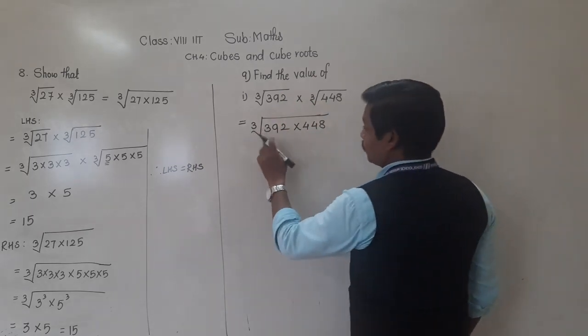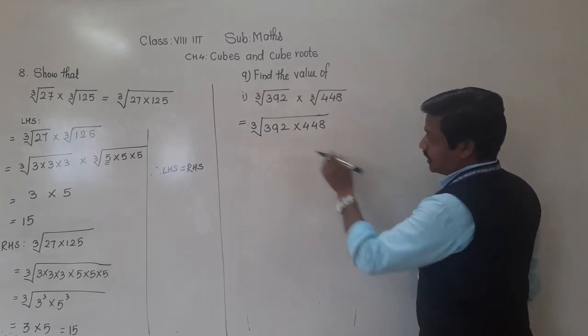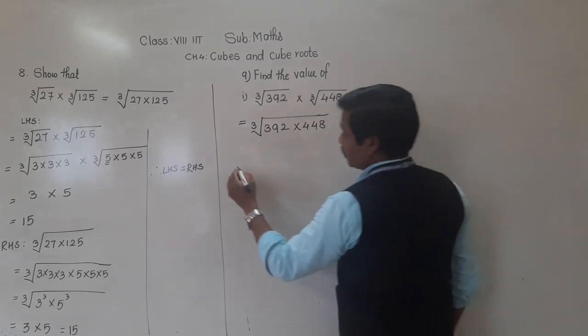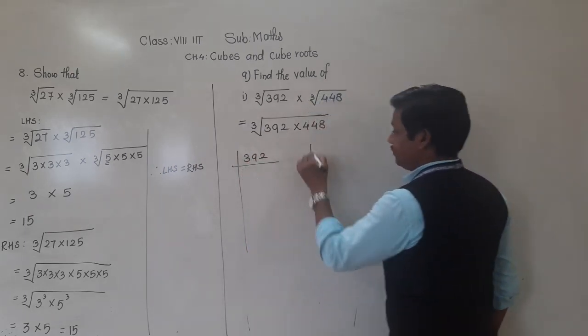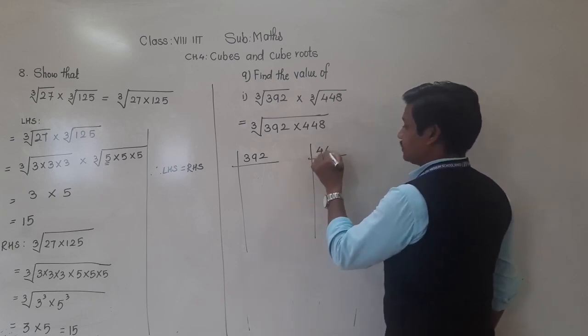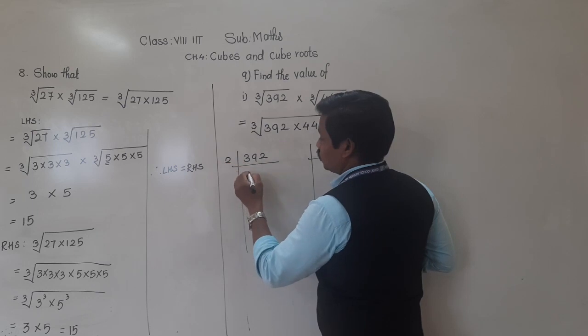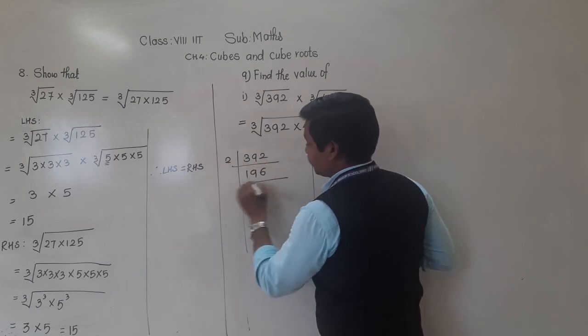So now cube root of 392 into 448. Now what we have to do? Find the prime factors of 392 and 448. Let us find them first. 2 ones are 2, 2 9s are 18, 2 6s are 12.